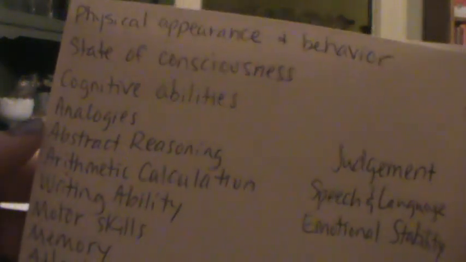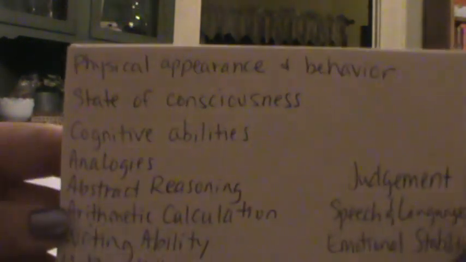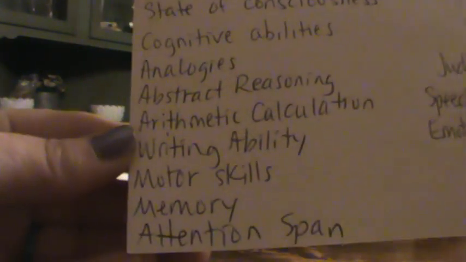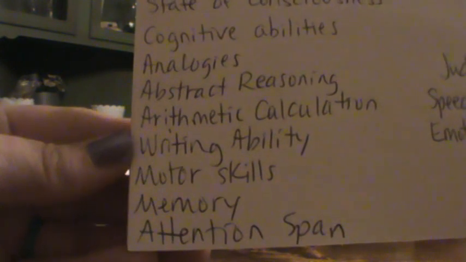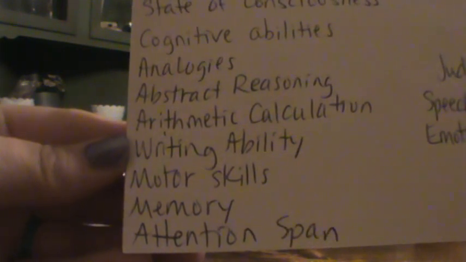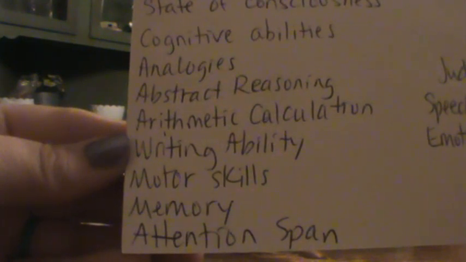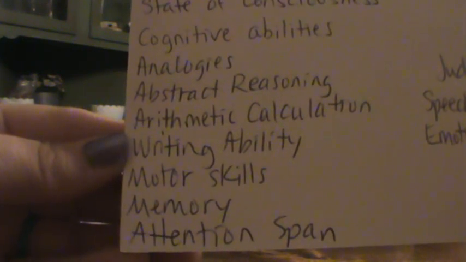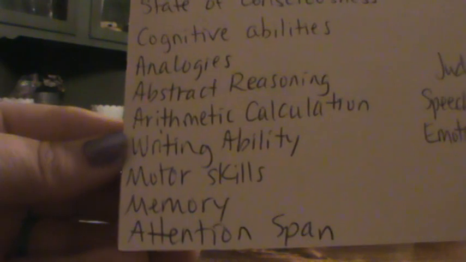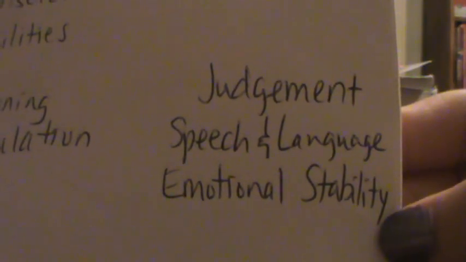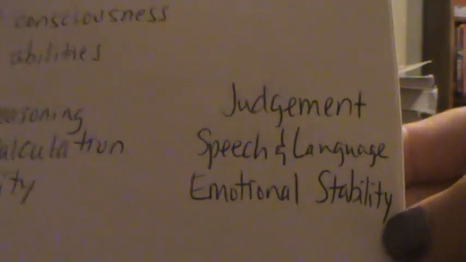Physical appearance and behavior, state of consciousness, cognitive abilities, analogies, abstract reasoning, arithmetic calculation, writing ability, motor skills, memory, attention span, judgment, speech and language, and emotional stability.